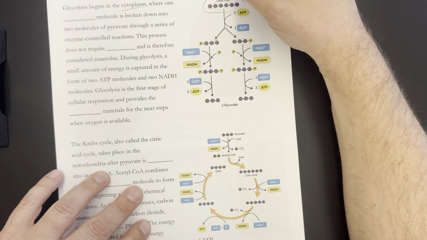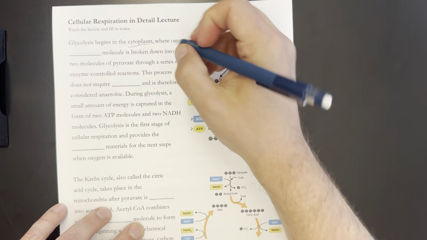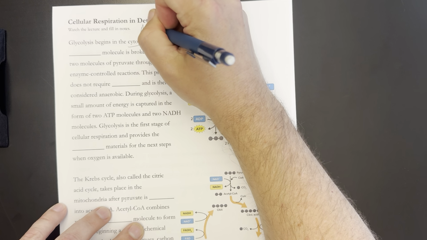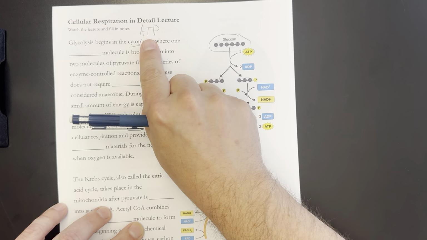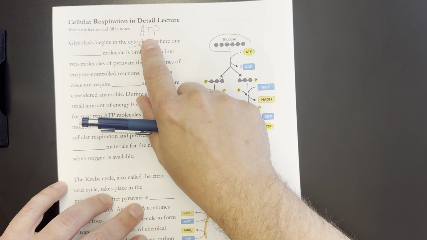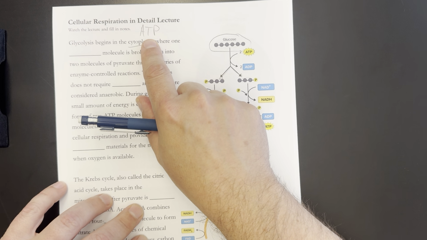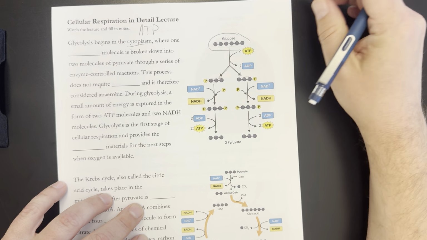Ultimately, what we're trying to do in cell respiration is make ATP. ATP is going to be that molecule that our bodies use in order to do work, move muscles, etc.